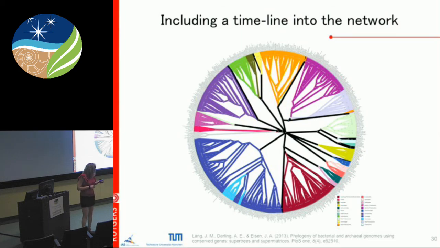So what we wanted to do is we wanted to see if we can somehow anchor the predictions that we were making or the annotations that we were making in other stuff, so in other people's work. In this particular case, we collected this tree that was conveniently created by Jonathan Eisen's group in 2013.